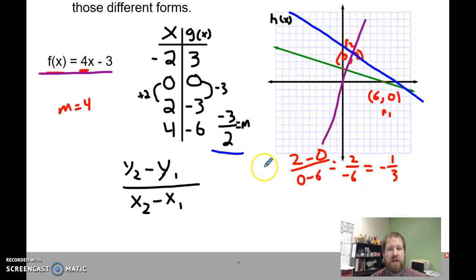Which one's closest to 0? 1/3 is closer to 0 than 3/2. So this one is going to be a lot closer to being my x-axis, to being flat, horizontal. And then 3/2 will be in the middle, kind of steep, but not really too steep. And that's it.